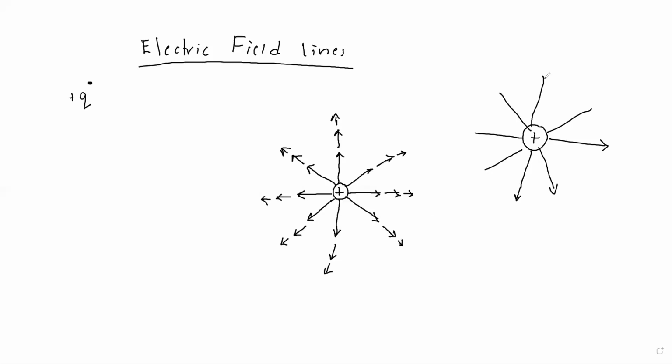I just take electric field lines of the same length. So how will you say what the strength of the magnitude of the electric field is? How will you say that this is very near, so it is strong, and if I go here, it becomes weak? In the previous diagram we can say that, but in this one, how will you say that? For that, we have to understand one more concept.